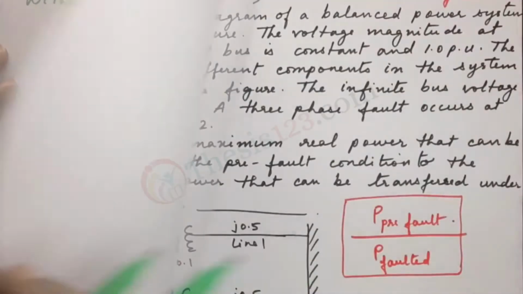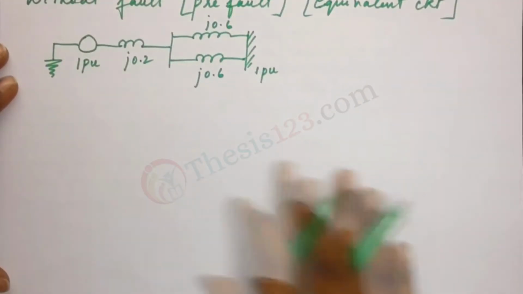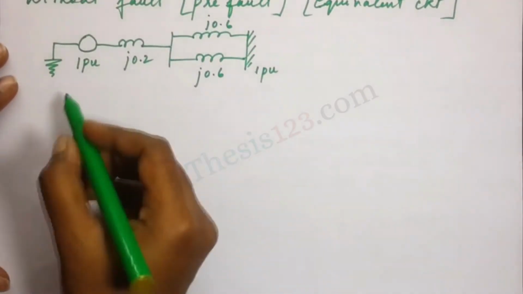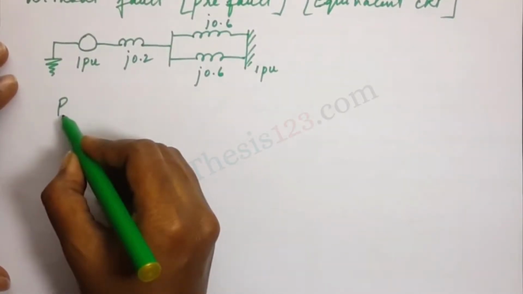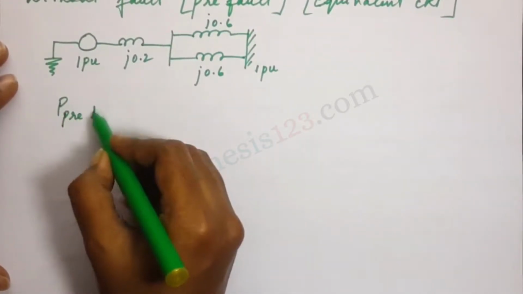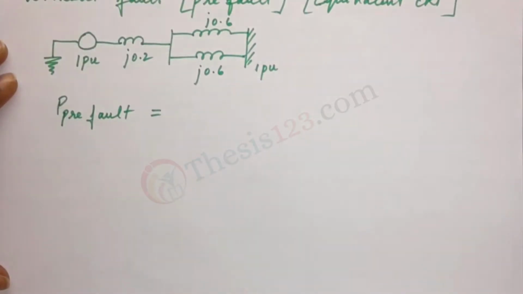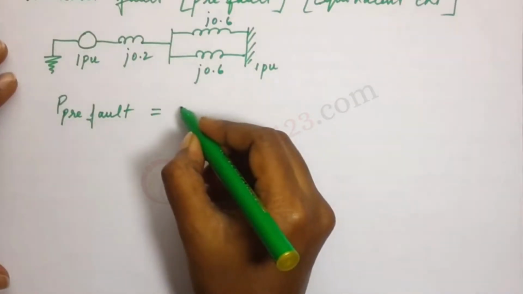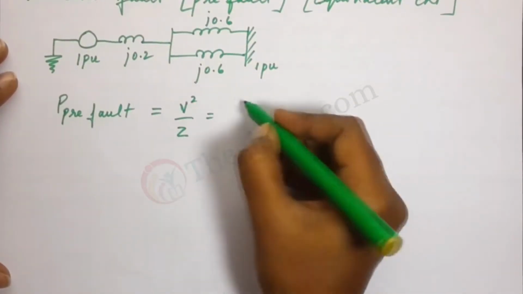If you notice, it has all the components written here. So let's find out the power at pre-fault. Our general power formula in terms of voltage and impedance is V square by Z. So let's use the same thing.